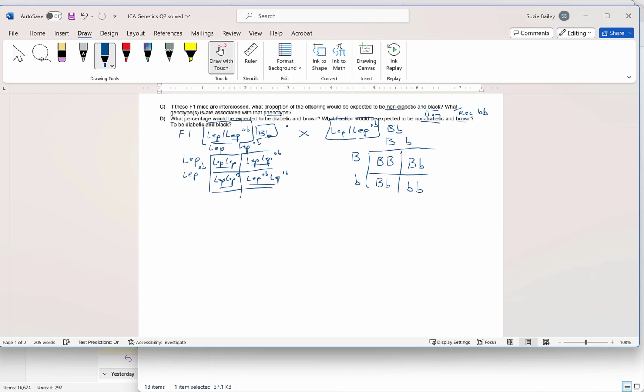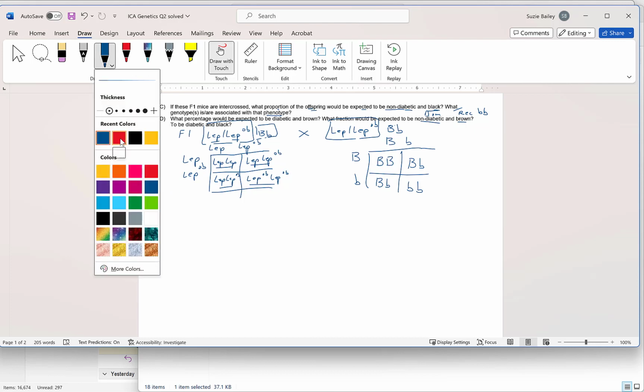So to account for our leptin gene and our coat color gene. So how would we do that? So let's go to question C first. What proportion of the offspring would be expected to be non-diabetic and black? So non-diabetic being the dominant phenotype and black fur being the dominant phenotype.